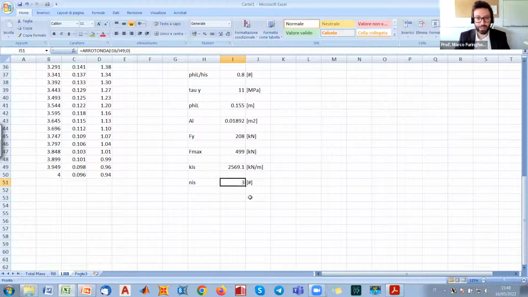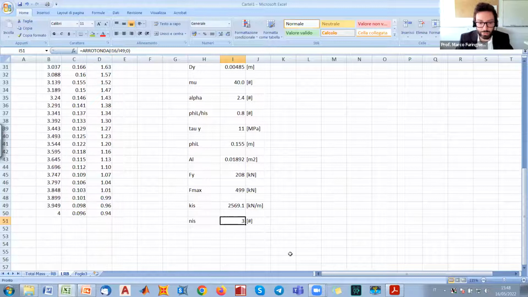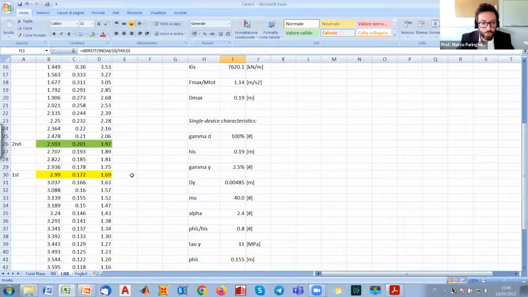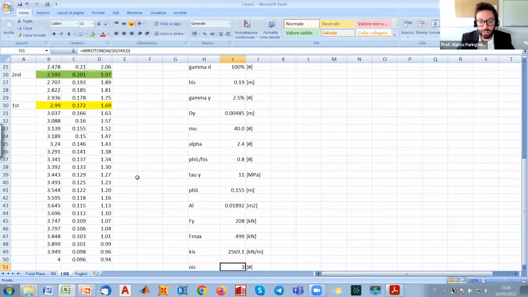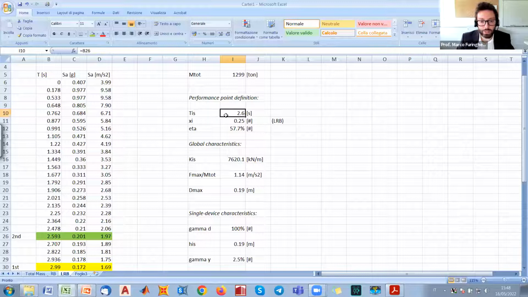This is quite unusual, and actually it is impossible for us to consider this. So we need to increase the overall behavior of our system. We can lower the period, but we are already at 2.6, so maybe this is not useful for us.